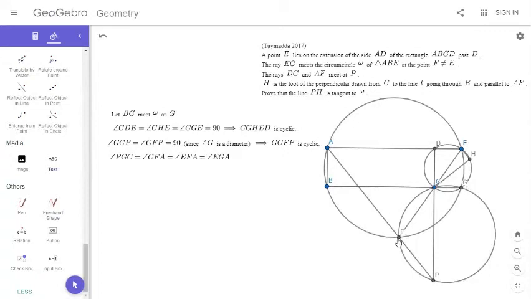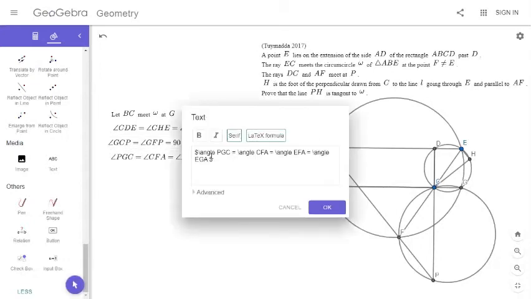We could just show PGF. Okay, I'm just going to write it like this.